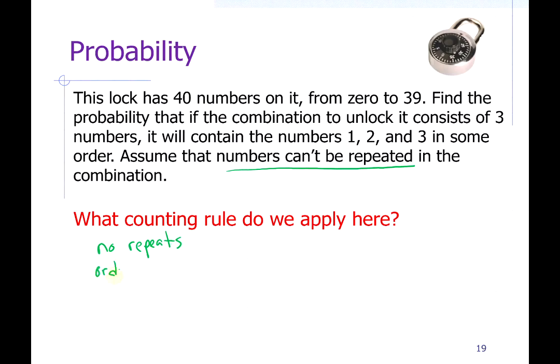When you're unlocking a combination lock, order definitely matters. And so with no repeats, order matters, and we're choosing a small group from a larger group. So here's the R, here's the N. This is a permutation.